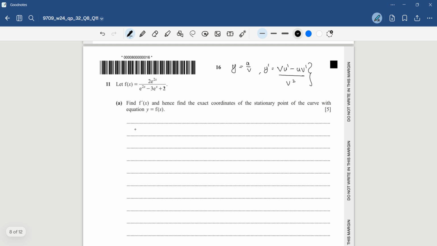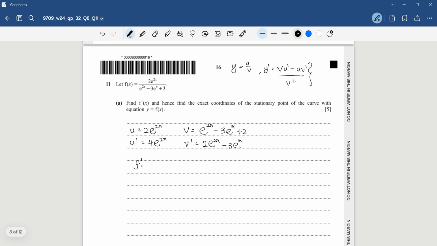So I let u equal 2e^(2x), therefore u prime will be 4e^(2x), where v is equivalent to e^(2x) minus 3e^x plus 2, therefore v prime will be 2e^(2x) minus 3e^x.